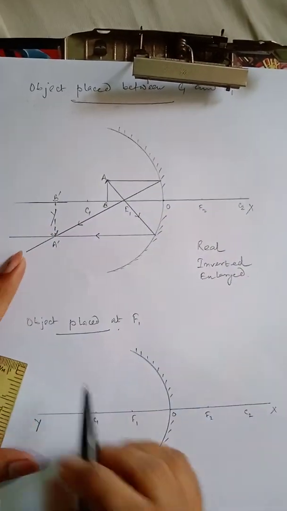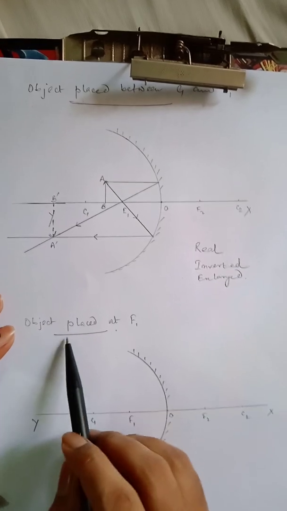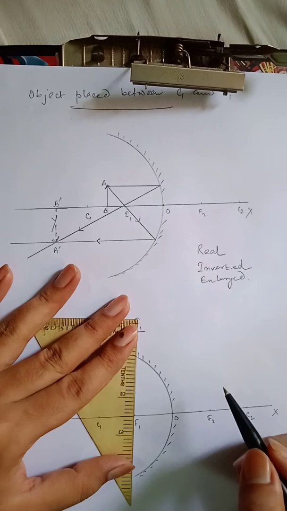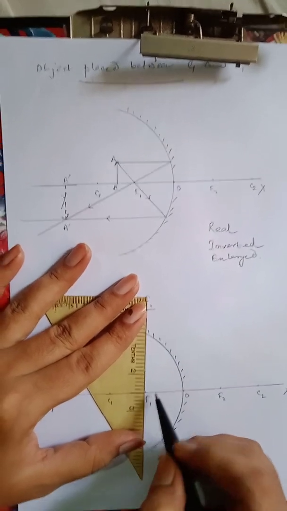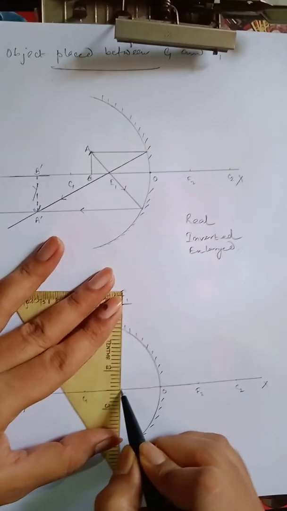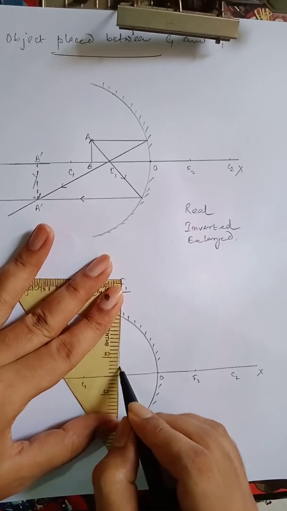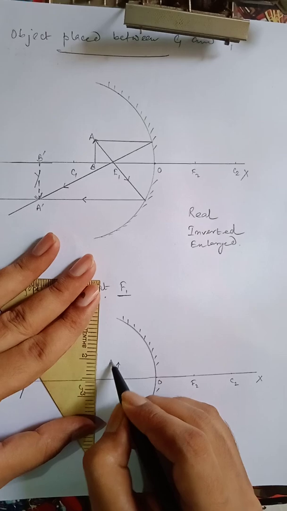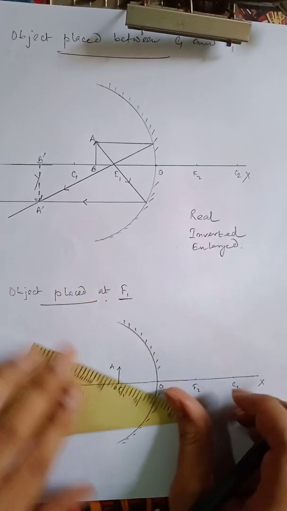So now the next case is that when the object is placed at f1. So I am placing the object just at the principal focus or at the focal point. So if this is f1, I am placing the object AB at f1.